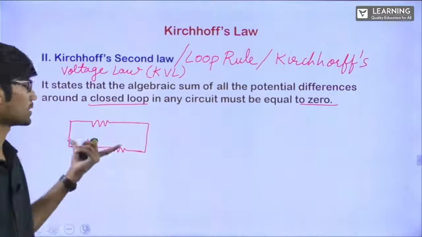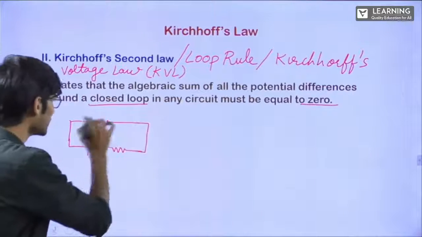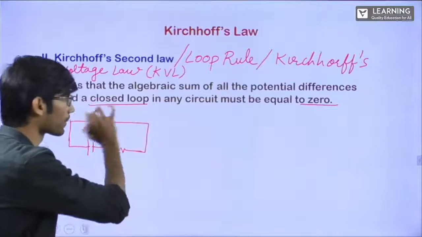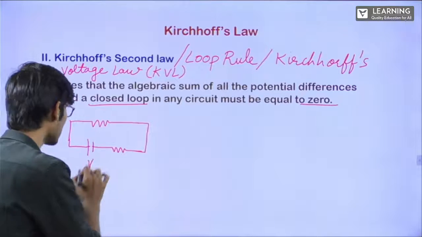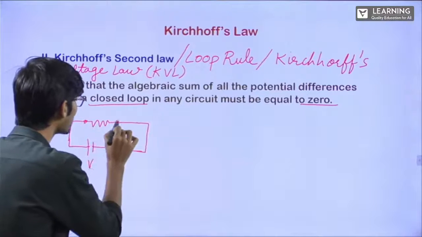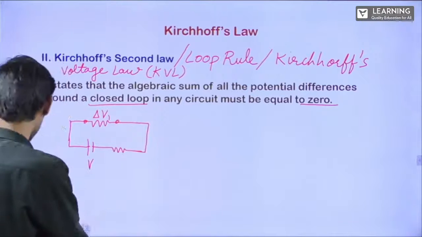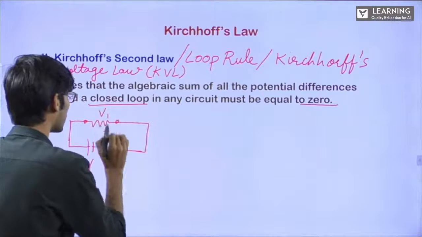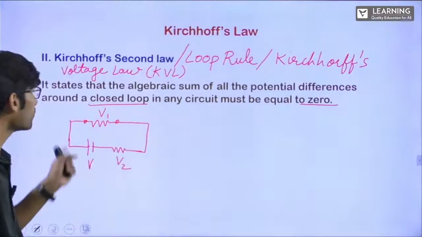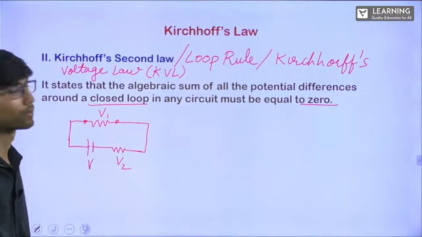Now this circuit, in this complete loop, the sum of potential differences will be 0. This will be having some voltage, this will be having some potential drop, let's say delta V1 or V1. This will be having some V2. The sum of all the three should be 0.